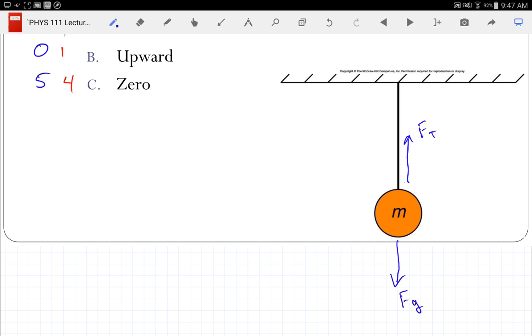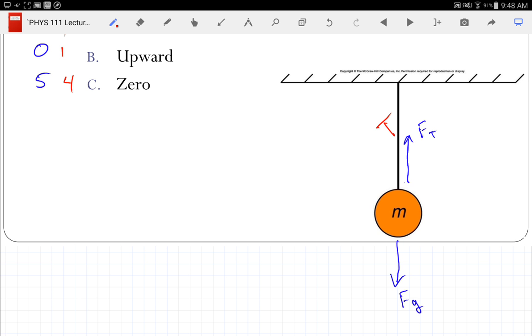So in an ideal string or rope, the tension is the same everywhere in the string, and it applies a force to anything that the string is touching. And that force is equal to the tension in the direction the string is leaving. So if I look at this, I had some tension that I'll call T that was in that string, or cable, whatever it was.